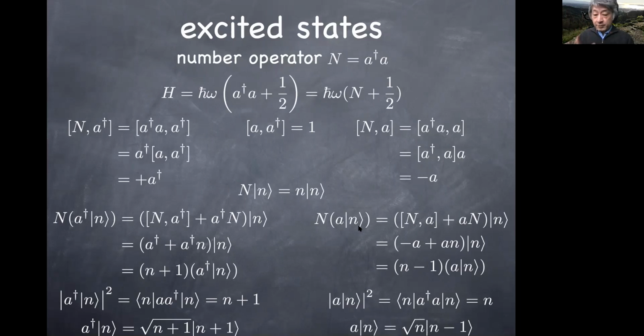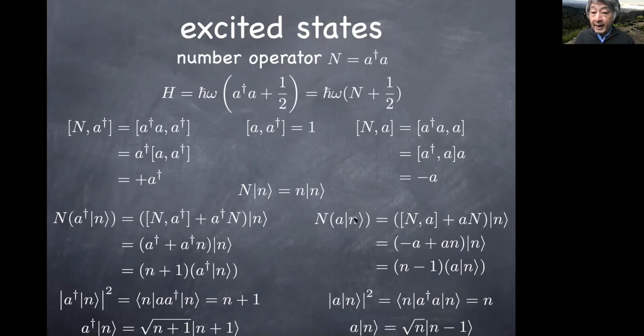To avoid that contradiction, I have to make sure that if I keep lowering n by acting the A operator multiple times, before n gets negative, the state itself has to vanish. The only way I can satisfy that condition is when n is an integer.